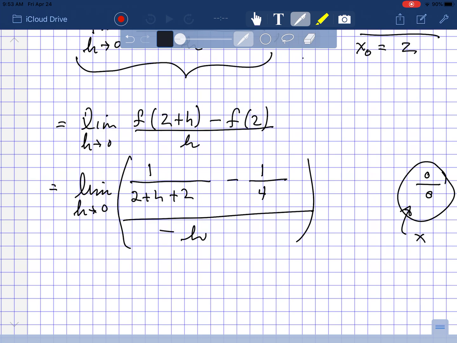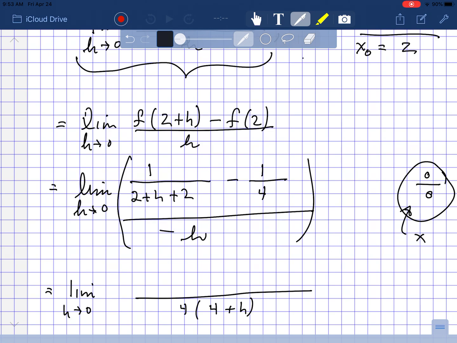Well, in my numerator, I have two fractions, and what I'm going to do is add those together. So I'm going to write this as the limit as h goes to 0. Now I need a common denominator, and that common denominator is going to be 4 times 4 plus h. So over here I have 4 plus h.